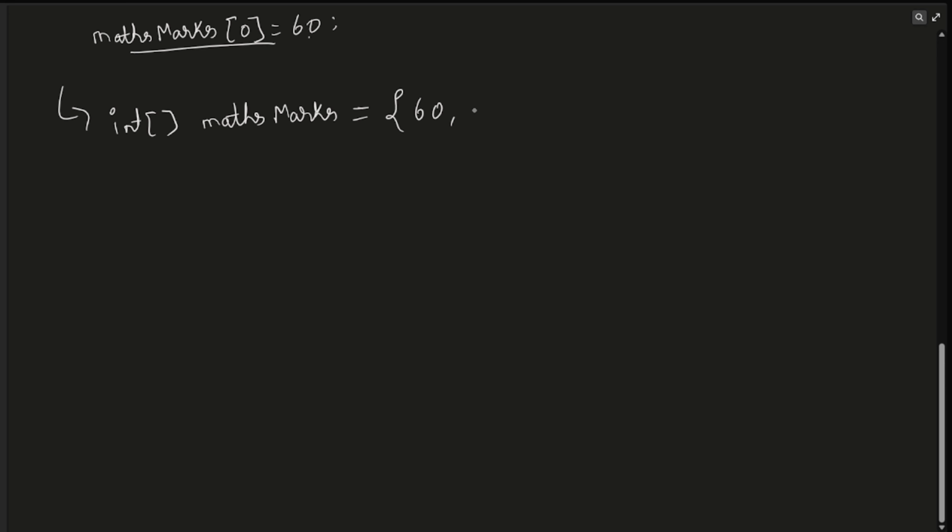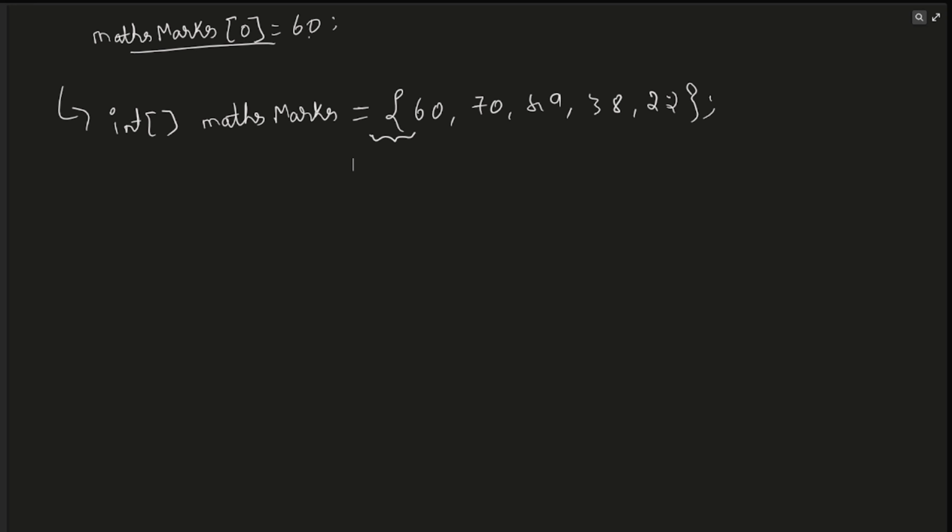I'll just have some 5 to 6 values. Even though we are not mentioning a new keyword here, Java internally implements it the same way as it happens with a new keyword. That's another way of declaring an array.